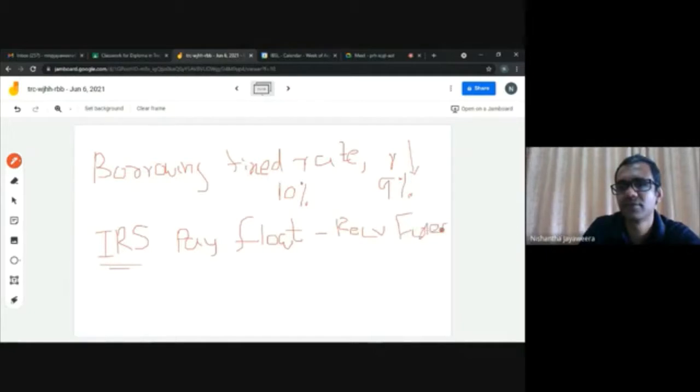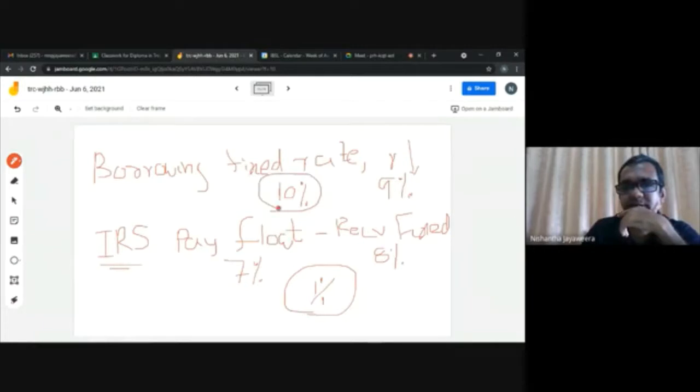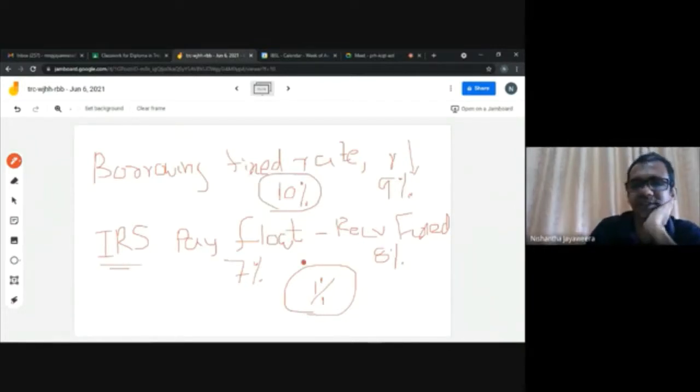So what happens? Say this is only 8%, fine. Receive fixed 8%. If this goes to 7%, what would happen? You get 1%. You get 1%, isn't it? But your obligation to pay 10%. Since you are receiving 1% from here, you pay 10%.